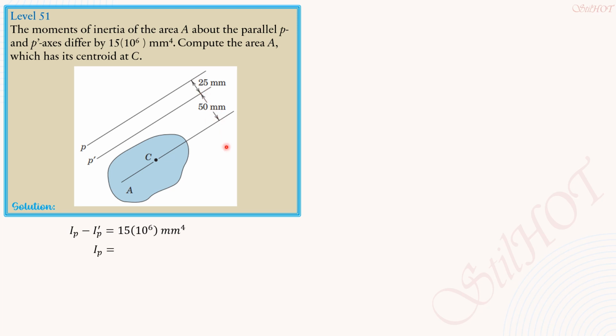So I sub B equals I sub C plus area 75 squared, while I sub B' equals I sub C plus area 50 squared.